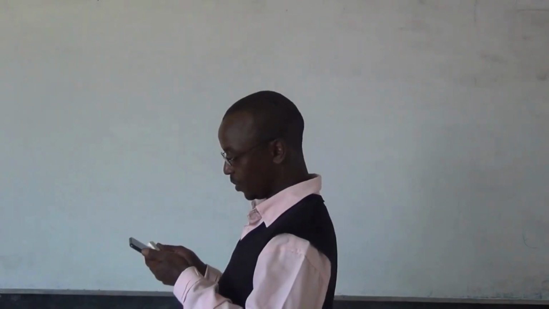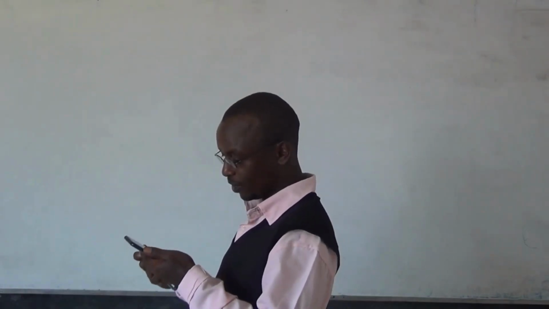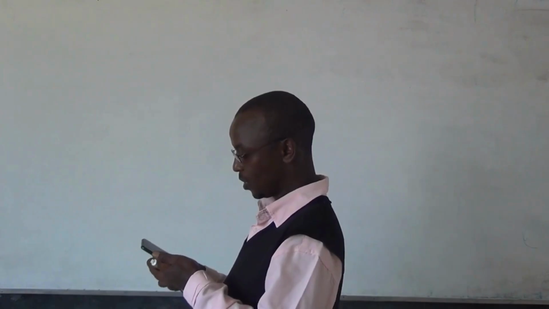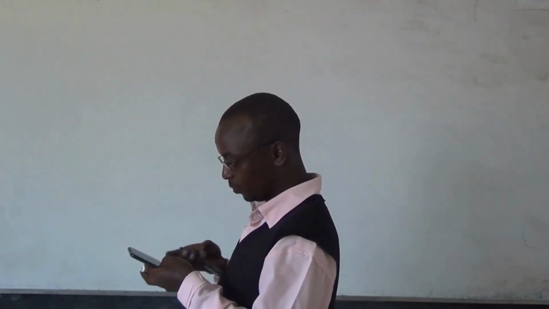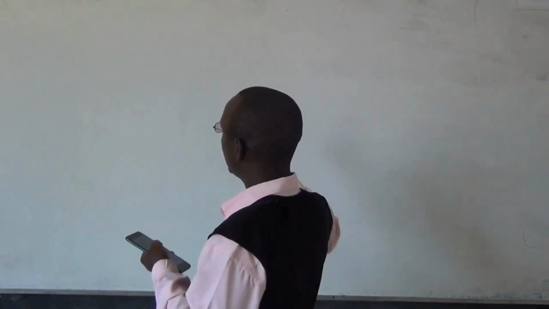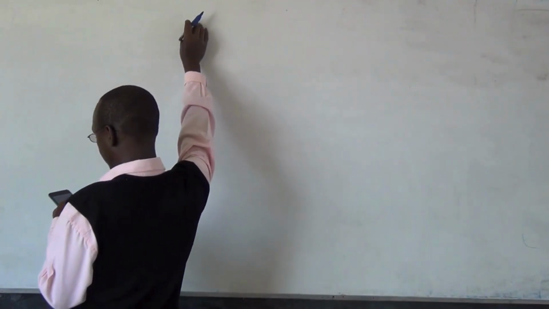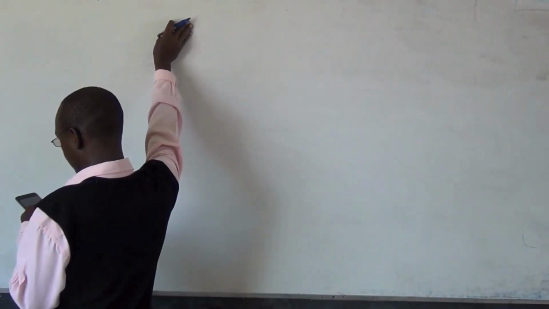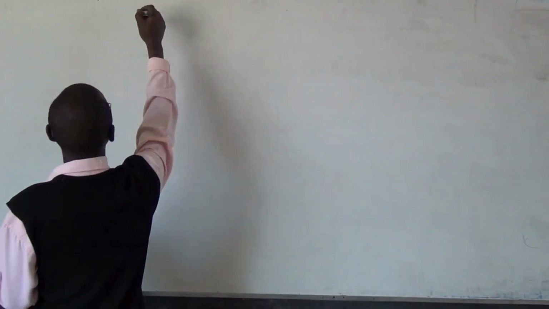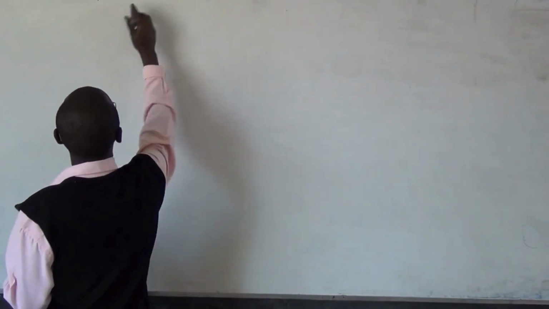From there, we can now prepare the statement of profit and loss and appropriation. We start with the name of the partnership. They are calling themselves Murika Partnership.